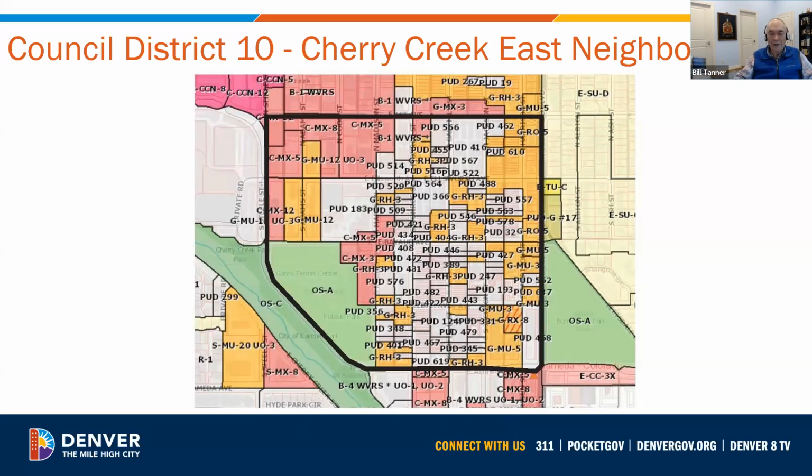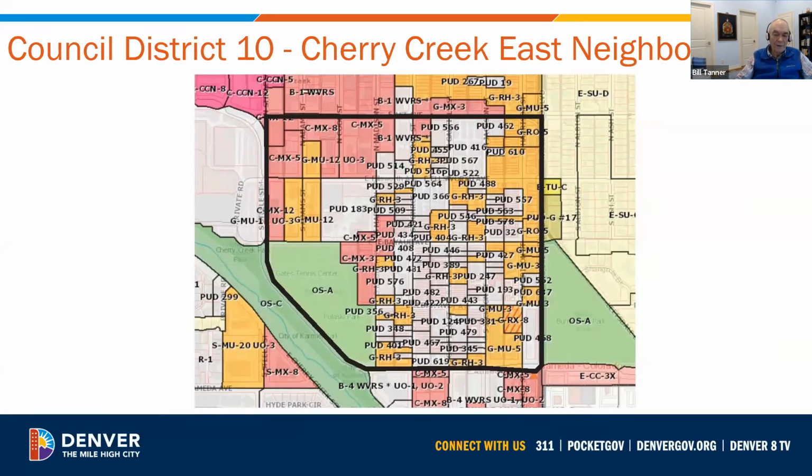Over the years, with a great deal of input from city planning, the overlay has come out to what it is today, which should help with development, particularly on the commercial west side of Cherry Creek East.